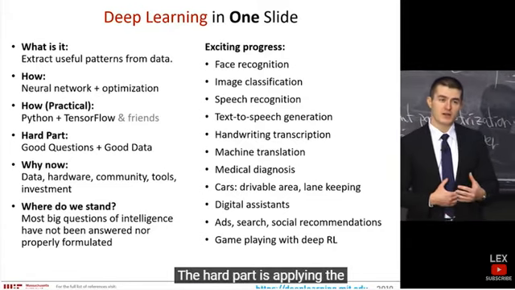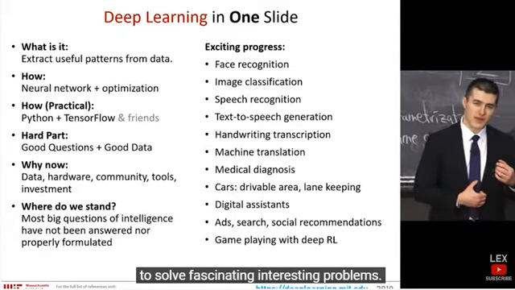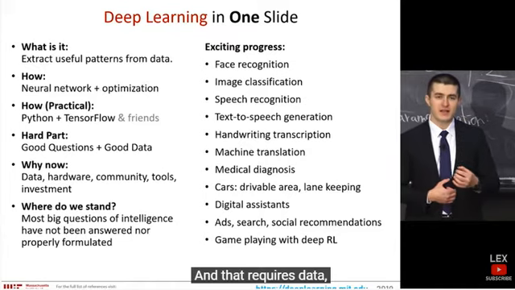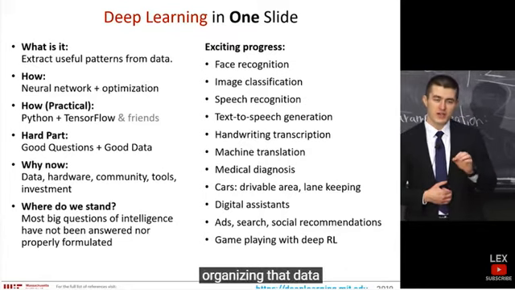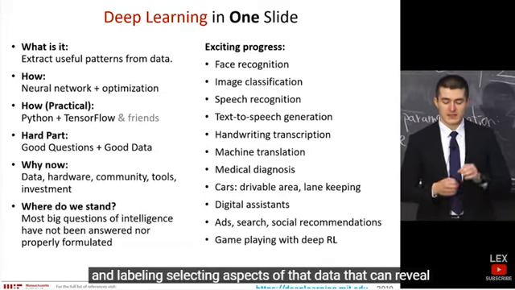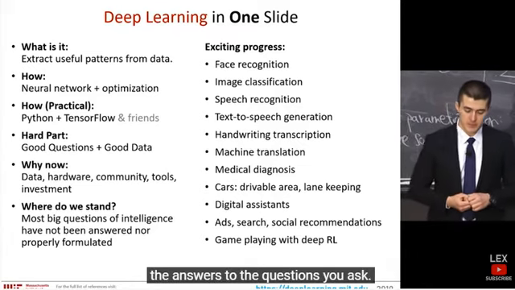The hard part is applying that methodology to solve real-world problems, to solve fascinating, interesting problems, and that requires data. That requires asking the right questions of that data, organizing that data, and labeling, selecting aspects of that data that can reveal the answers to the questions you ask.